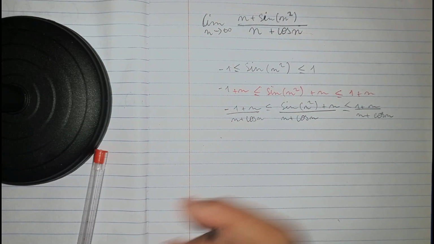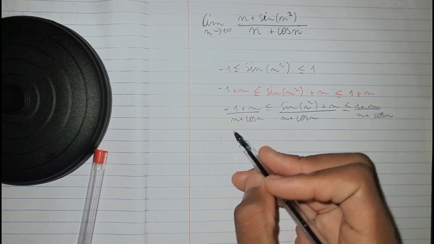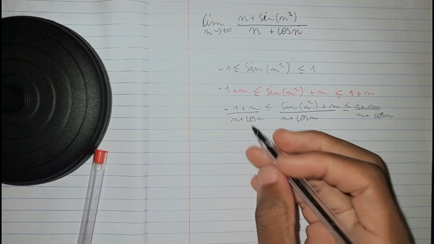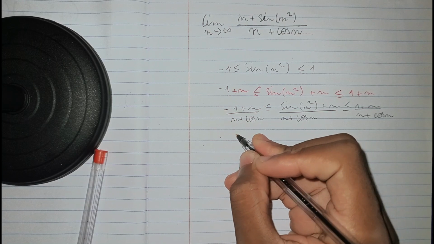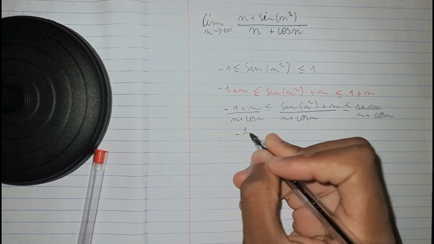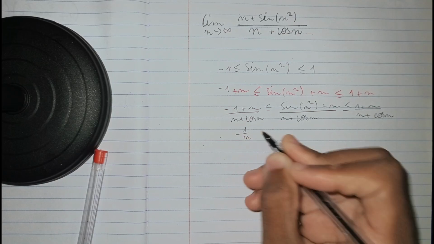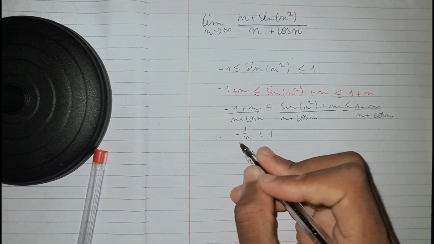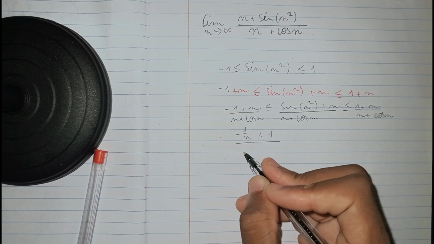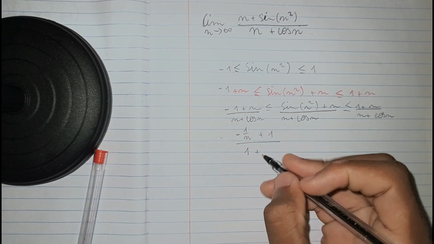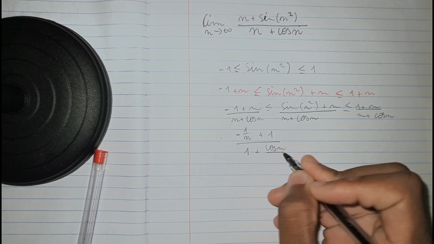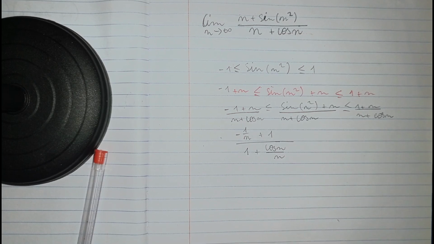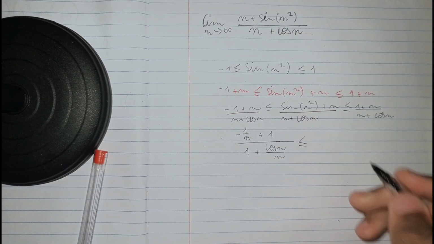Okay, good. Now I'm going to divide numerator and denominator by n. So what do we get? We get -1 divided by n. We get here 1. Here when we divide by n we get 1. Here when we divide by n we get this, right? So this is what we want.